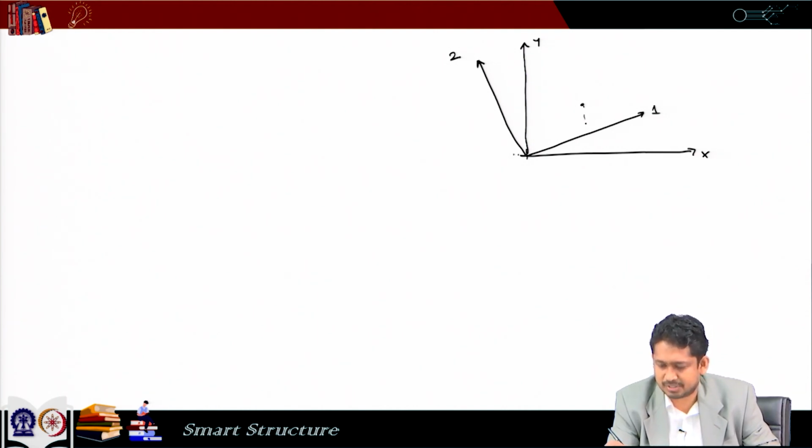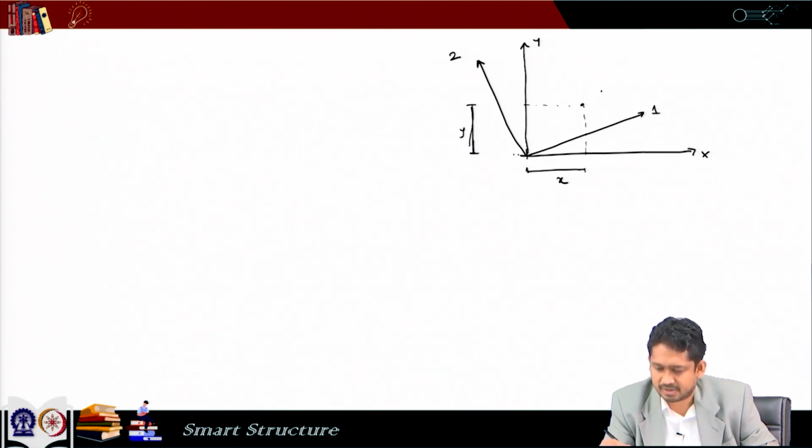So, with respect to this, if I draw a vertical line to the x y, what we get here is x, and if I draw a vertical line here, what we get here is y.